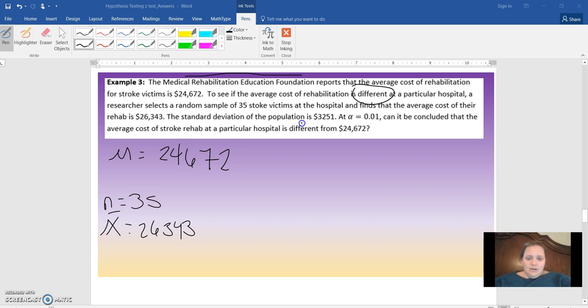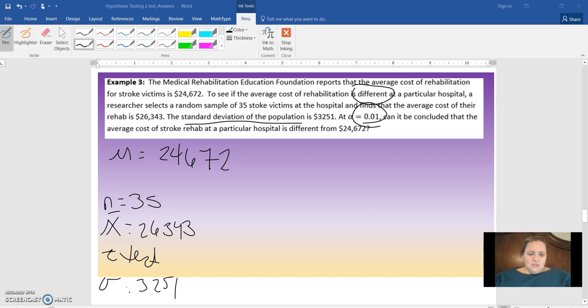The population standard deviation, that's how we know to use z-test, 3251, and we're going to do alpha is 0.01. And if we concluded that the average cost of a stroke rehab at a particular hospital is different, right? So it is different, 24,672. All right, this is the H0, the null. This is the alternative, the claim, what we're trying to prove.